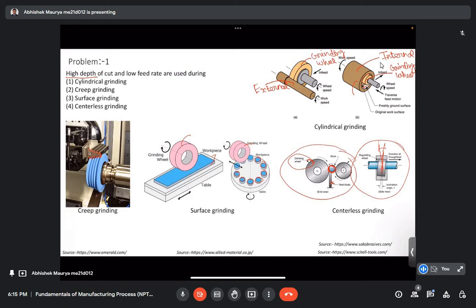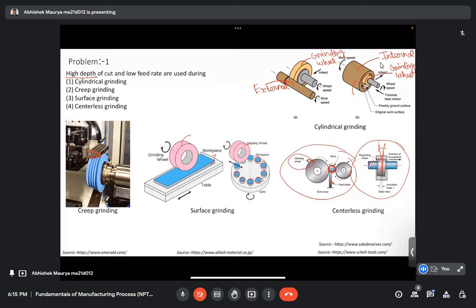Here we don't have to provide an extra feeding mechanism in order to grind the whole surface of the workpiece. Because of the rotational speed of this regulating wheel, our workpiece will automatically get fed in between the grinding wheel and regulating wheel, and the whole surface gets ground.